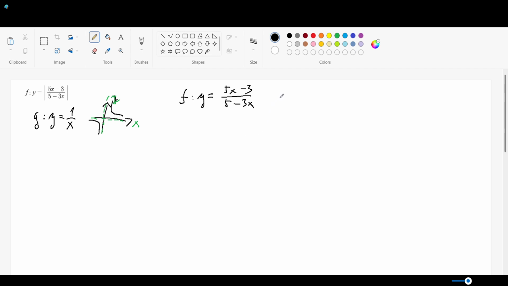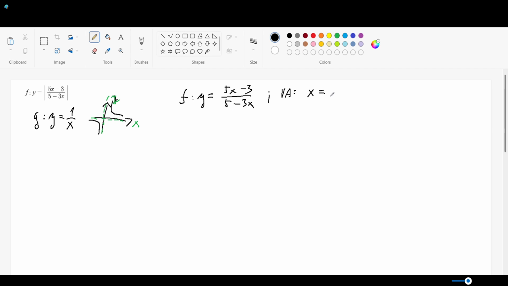We have to find the equation for our first line, the vertical asymptote. As this is a vertical asymptote, it must be x equals a number, which means we have to find the domain of this function.